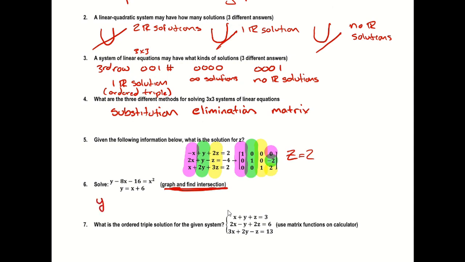I'm going to take the -8x and the -16x and move them to the other side of the equation, which gives me y equals x squared plus 8x plus 16. So I added 8x to both sides and I added 16 to both sides to move them over. And my second equation was already in the proper form, y equals x plus 6.